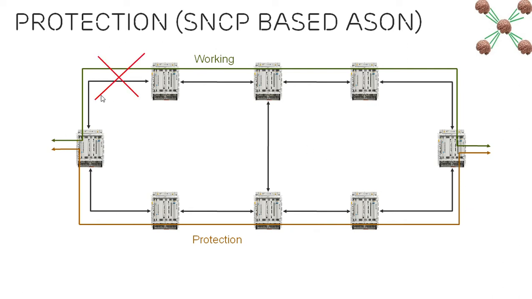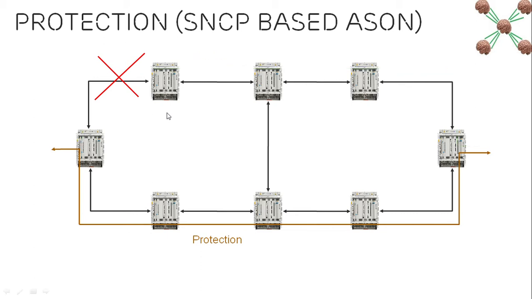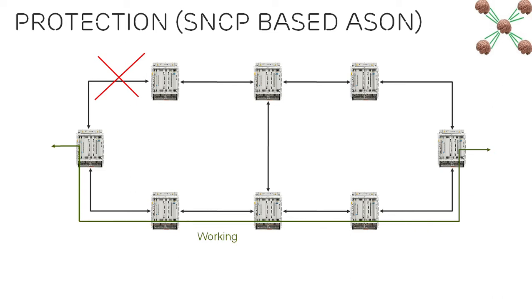So assume we have a fiber cut. As soon as the fiber cuts, your main service is gone, but your protection is already there. So your working will be shifted to the protection. Now your working and protection will be on the same fiber. So what ASON will do is remove the protection, because now protection and working are on the same path, and it will start calculating another path to make a new protection for you.